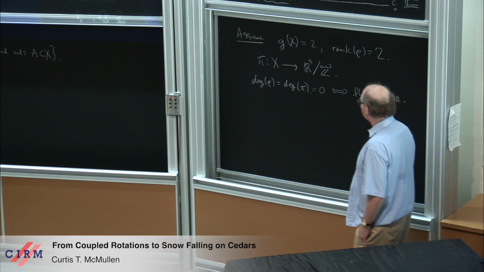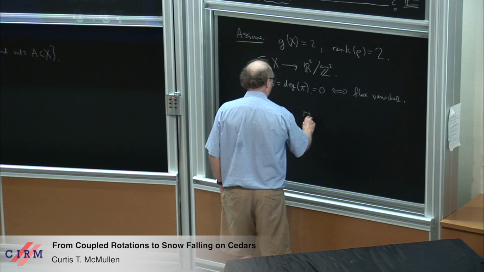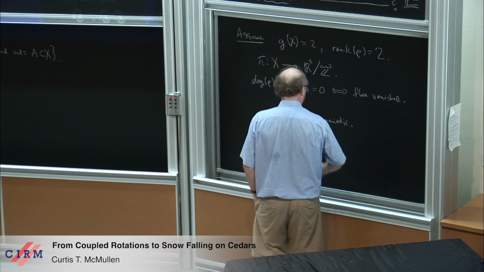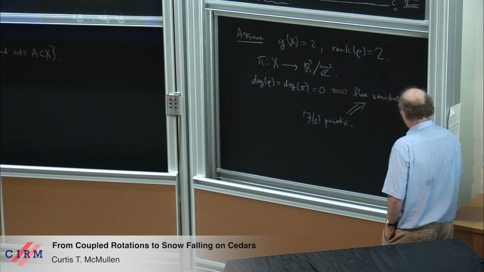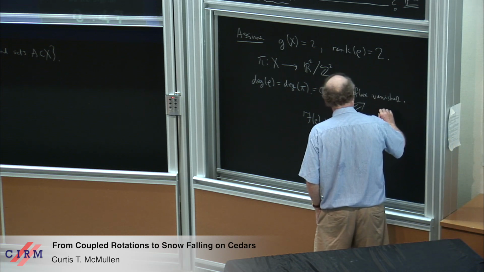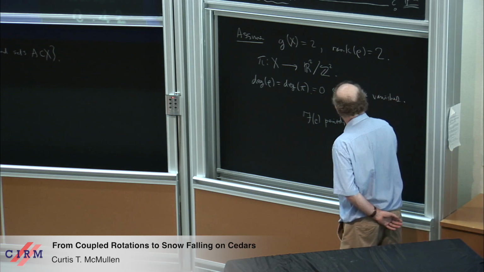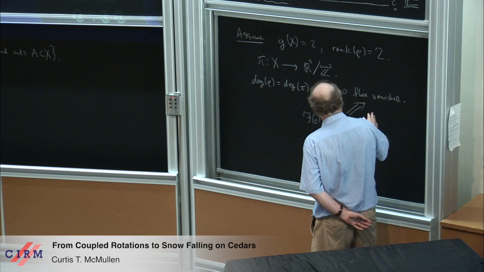And in general, if the foliation is periodic, this implies that the flux vanishes. And in genus 2, it's not quite true that the vanishing of the flux forces periodicity, but it's almost true.